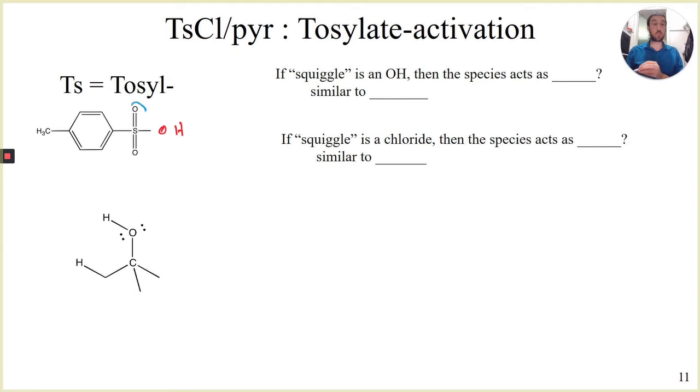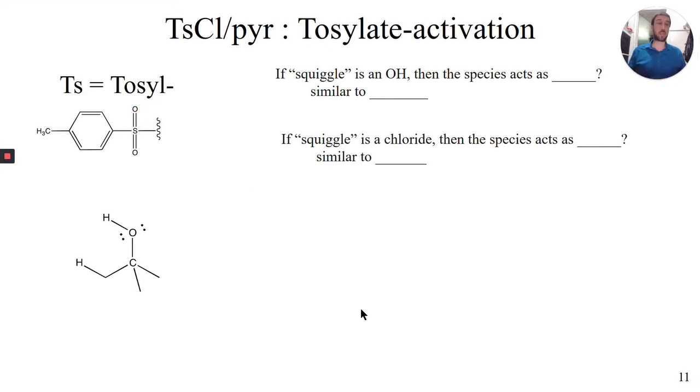And if we look at that, that looks an awful lot like a carboxylic acid. Okay? And so we will see the tosyl come back, but with that OH functionality, because it's now, well, a carboxylic acid.